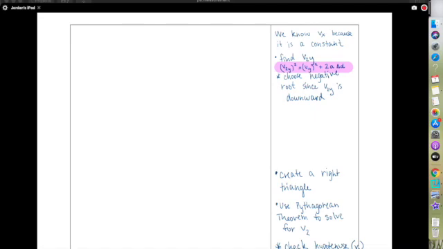To find the final velocity in the y-axis, we're going to use this equation here that's highlighted in purple. Our v2y squared is going to be equal to our v1y, which is 0, squared, plus 2 times acceleration, which is 9.8, times our displacement in the y direction, which is negative 74.7.